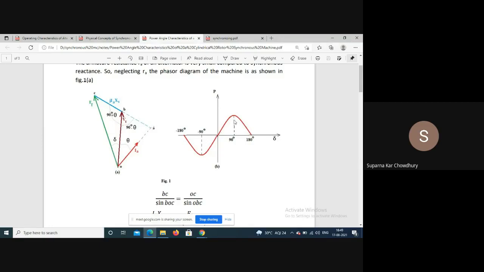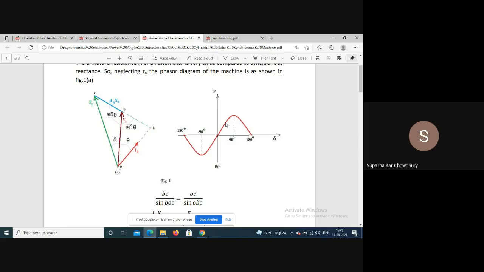So basically up to the point where delta is equal to 90 degrees, operation is stable, and operation is unstable in this region. Why is that? Say the machine is operating at a particular point here, with some value of delta.